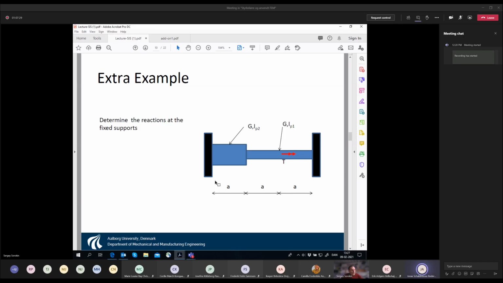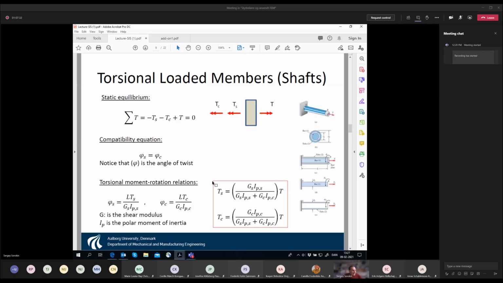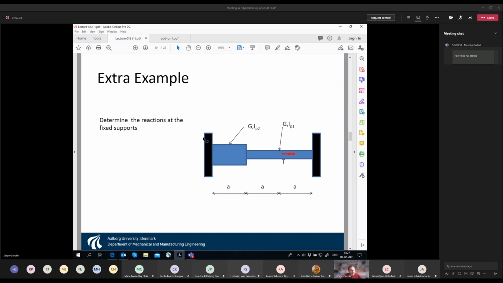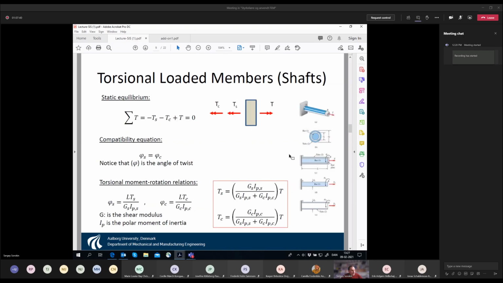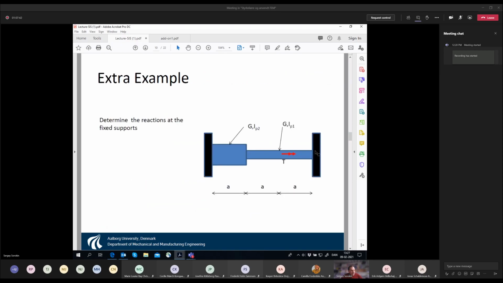Okay. So now this is the compatibility equation. We discussed the static equation for the equilibrium of the moments. Then the compatibility equation is that the angle here must be 0.